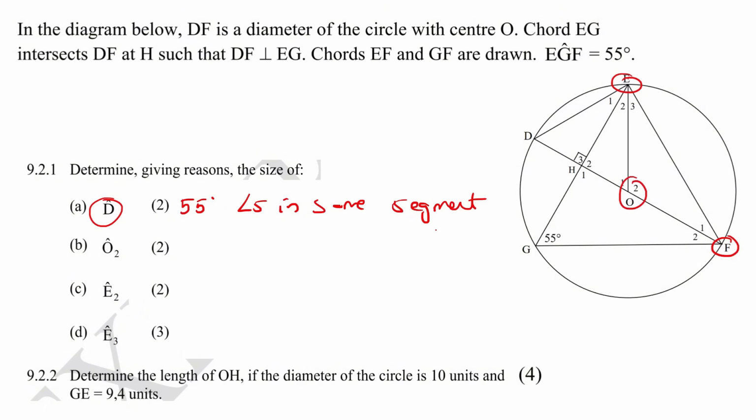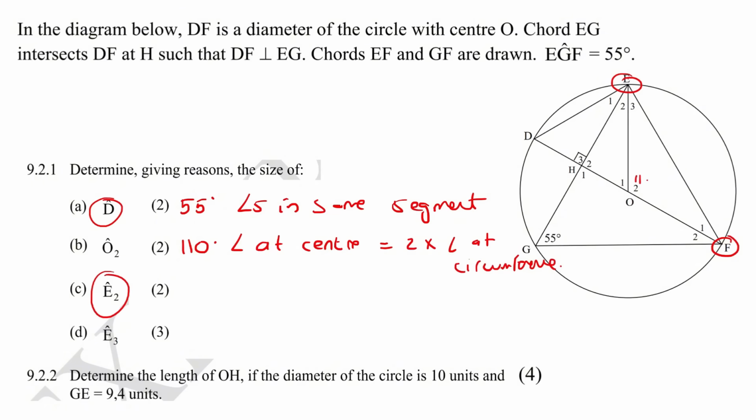So this one, O2, must be double. So O2 is going to be 110 degrees because angle at center equals 2 times angle at circumference. Okay, angle E2, so let's just go fill this in as 110 and then fill this in as 55.